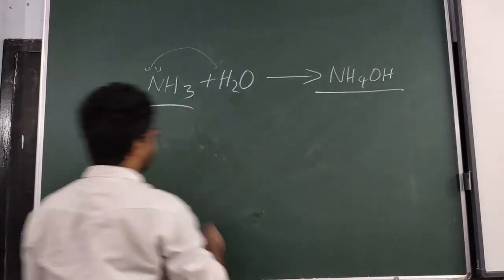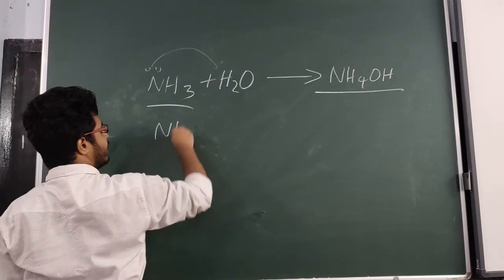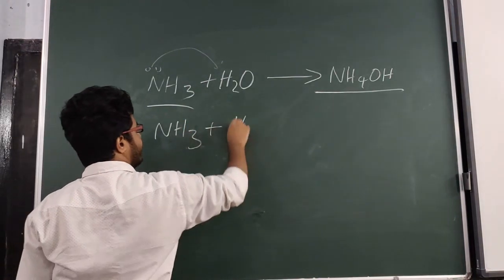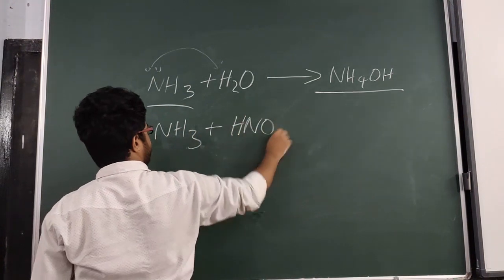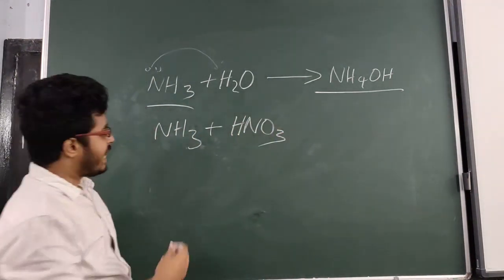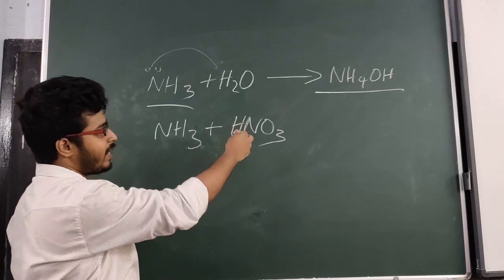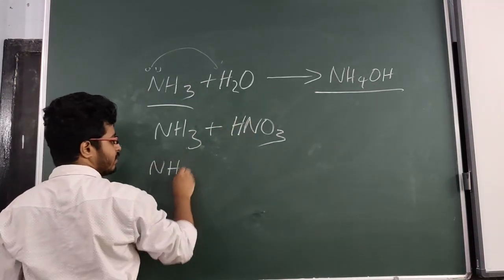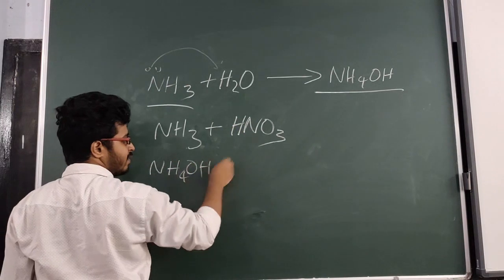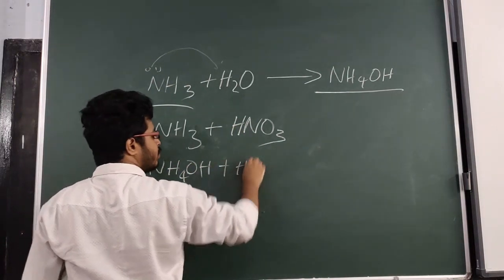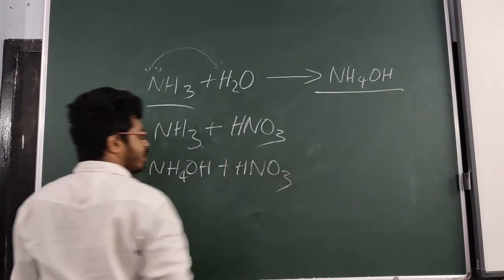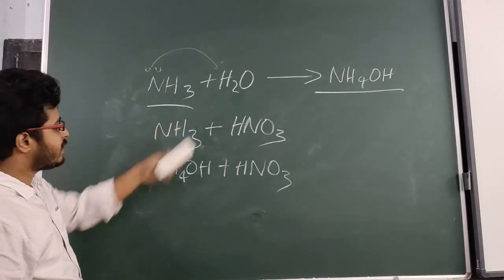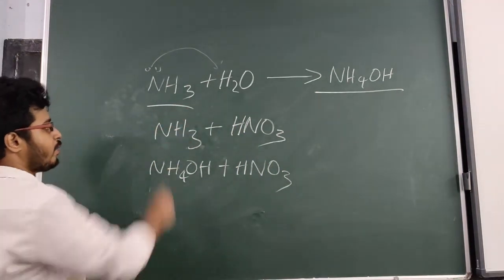So the first one that I will discuss is the reaction of ammonia with, let's say, nitric acid. We will compare the reaction of ammonia with nitric acid as well as ammonium hydroxide with nitric acid. If you remember the previous case, what will ammonia do?